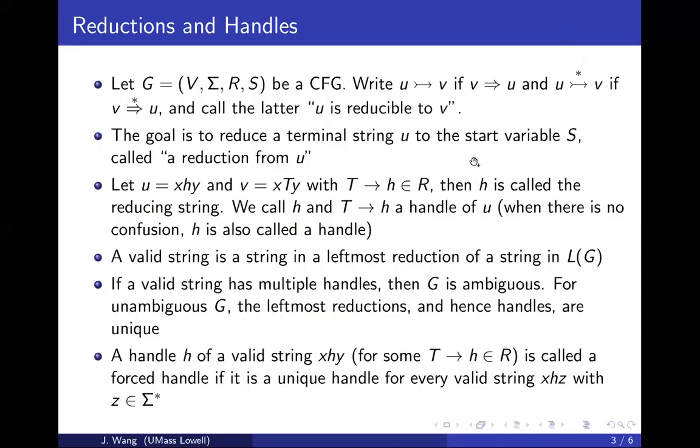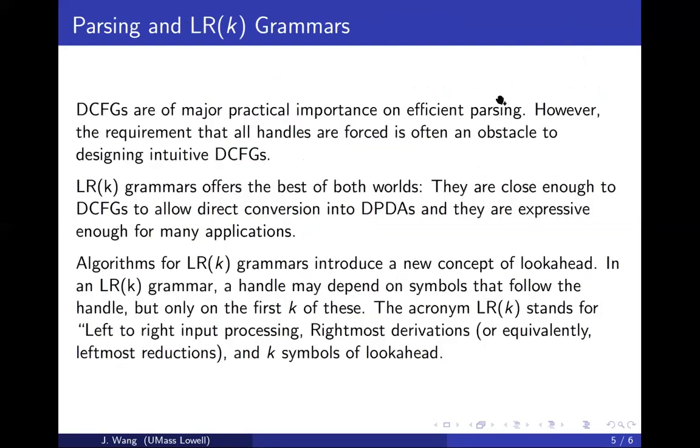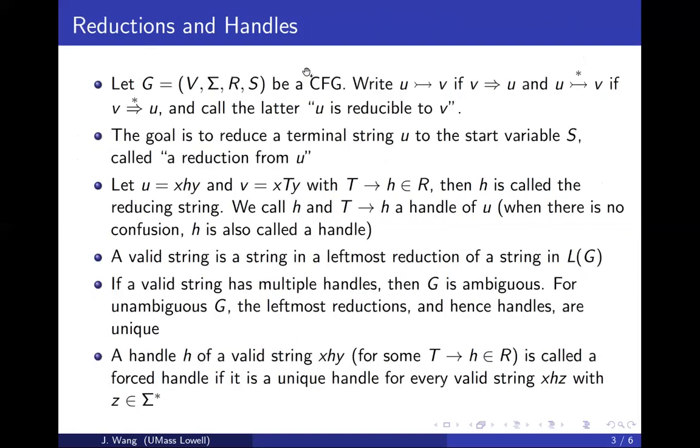Okay, so now let's look at this slide. Let's go over these two concepts of reductions and handles. So again, let G be a context-free grammar, and we write U tail arrow V if V derives U. So this is the reverse order.